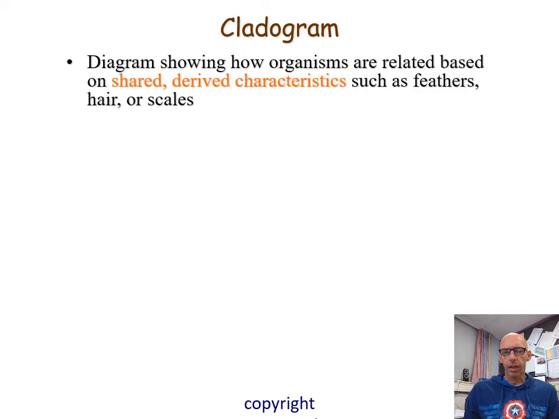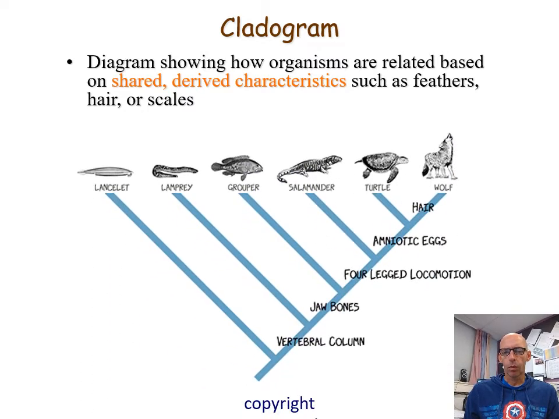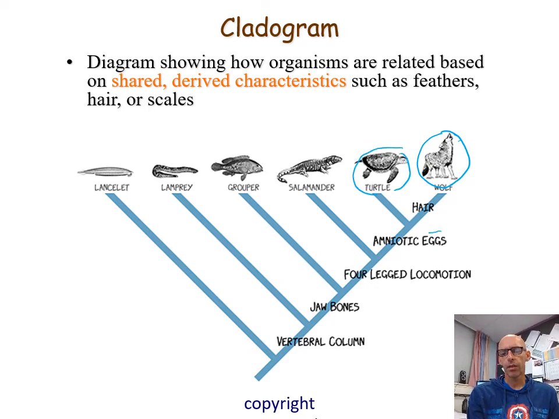The cladogram idea would show here, so for example, these animals here, the wolf has hair, it's a mammal. The turtle and the wolf are closer together because of the way their eggs are inside the fluid. And then a cladogram shows how well related.